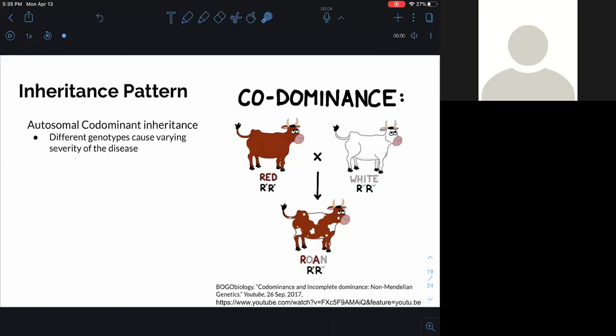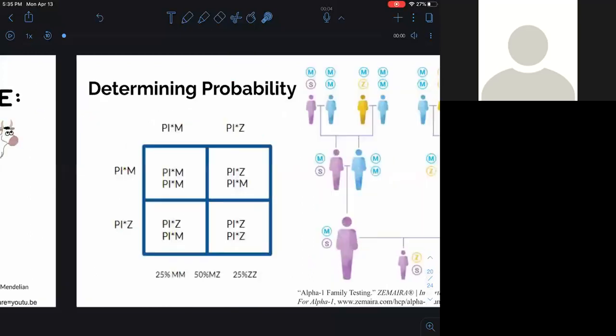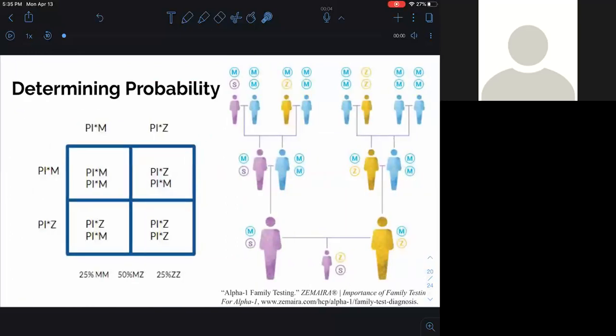Therefore, with our disease, depending on what allele is given to the offspring, both of those alleles will be expressed. For example, in this diagram, as Brittany previously talked about, individuals with homozygous M alleles will produce normal proteins, so they will not experience any symptoms of AATD.